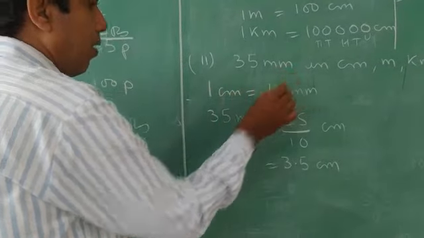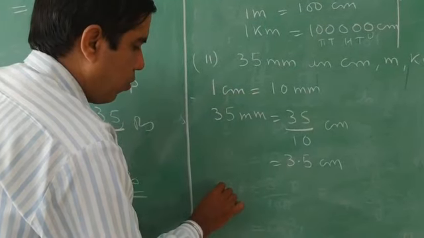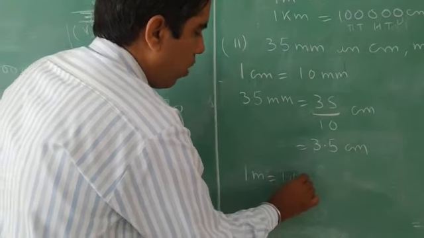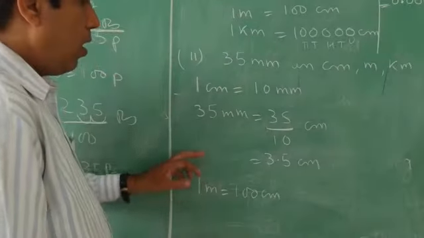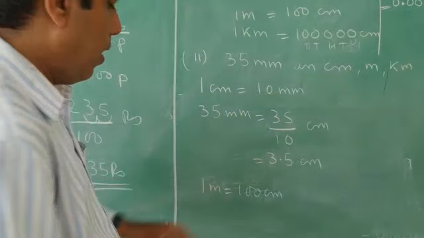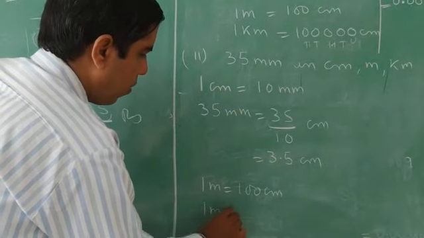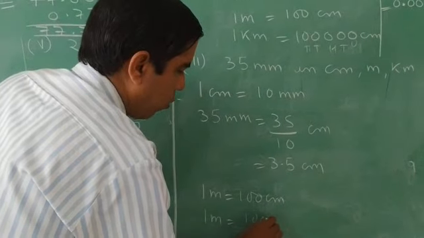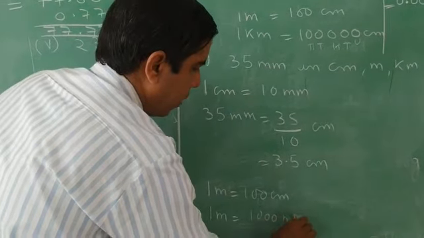Now again, the same way, I am going to use it: 1 meter is equal to how many centimeters? 1 meter is equal to 100 centimeters, and 1 centimeter is equal to 10 millimeters. So 1 meter becomes 1000 millimeters.